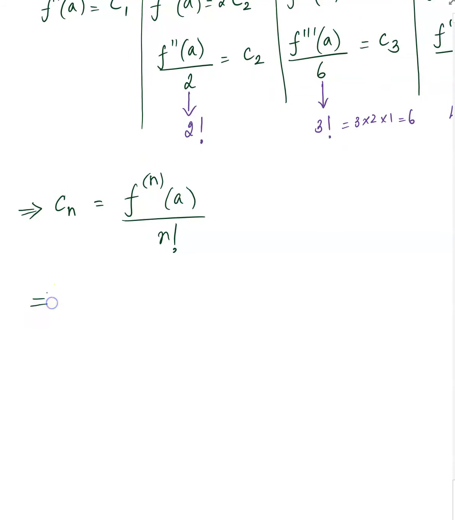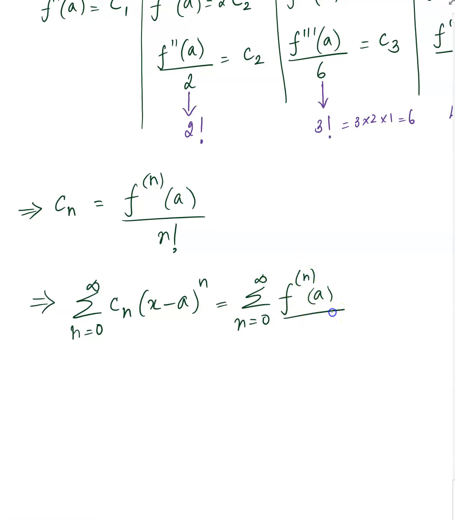Therefore, if I were to put them all together in my series, the series was the sum of cn times (x minus a) power n. Now I have a substitution for cn. So this can be rewritten as the summation from n equals 0 to infinity of the nth derivative of f at a over n factorial, times (x minus a) power n.